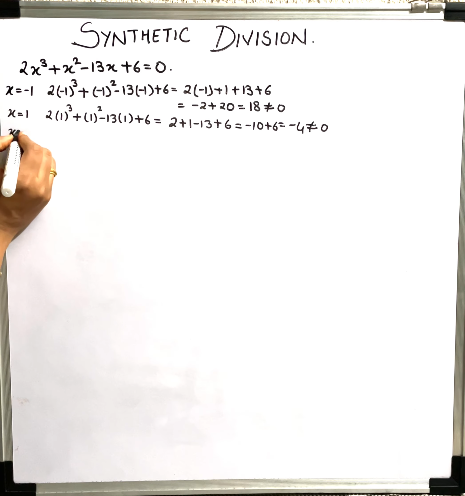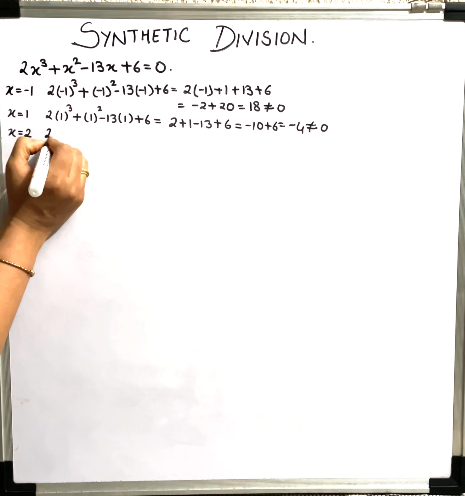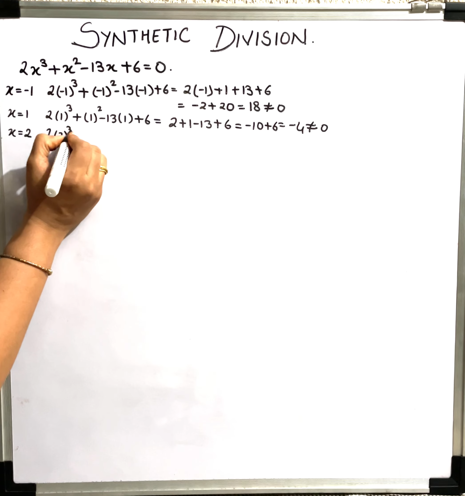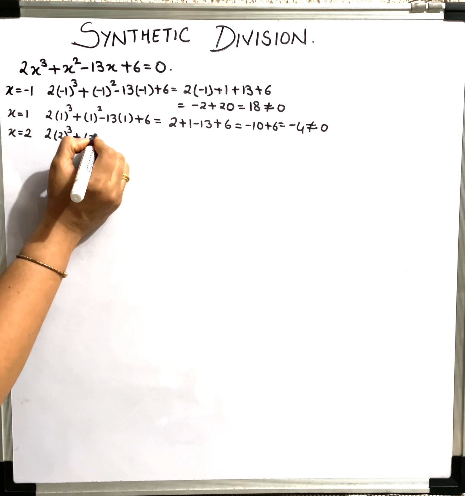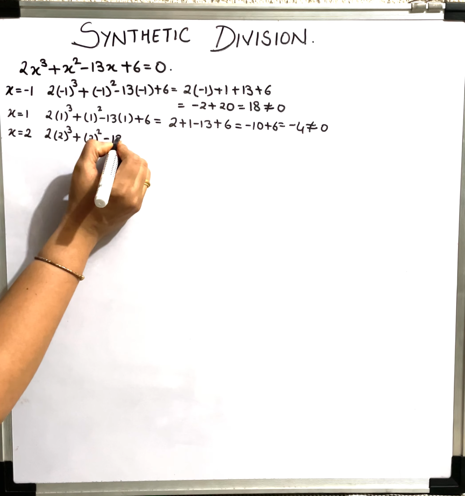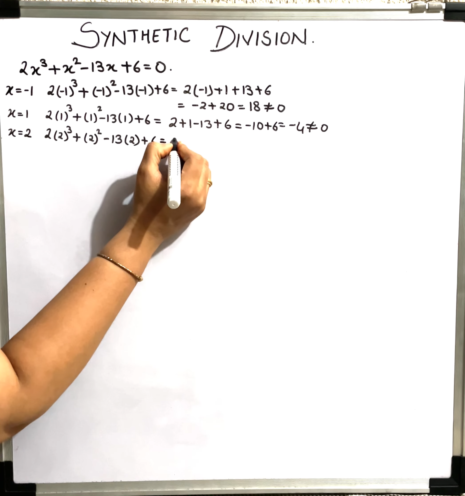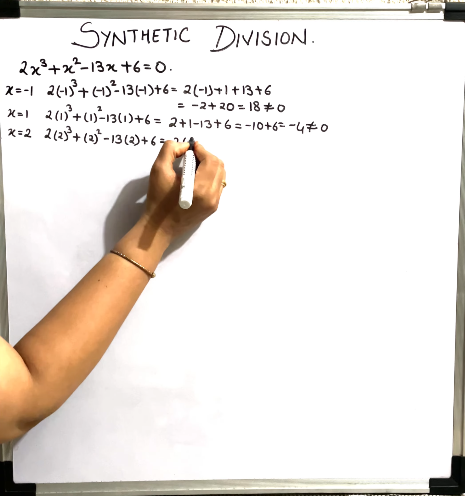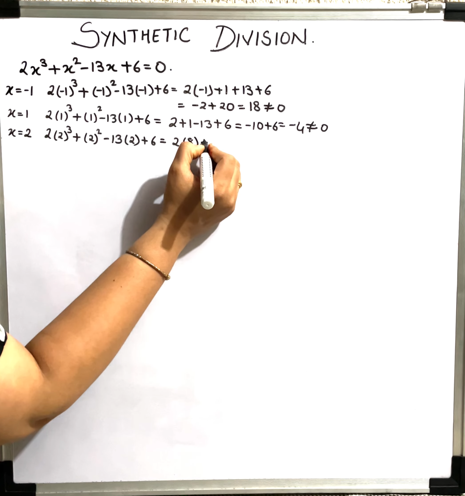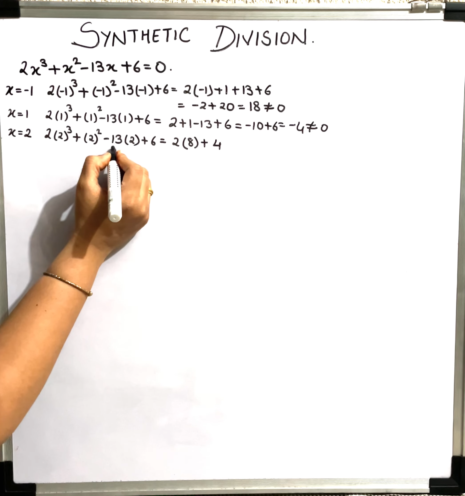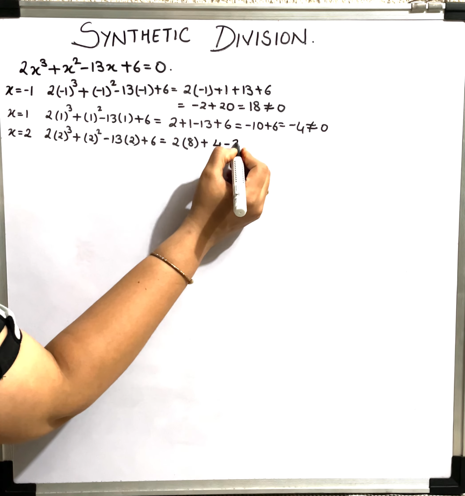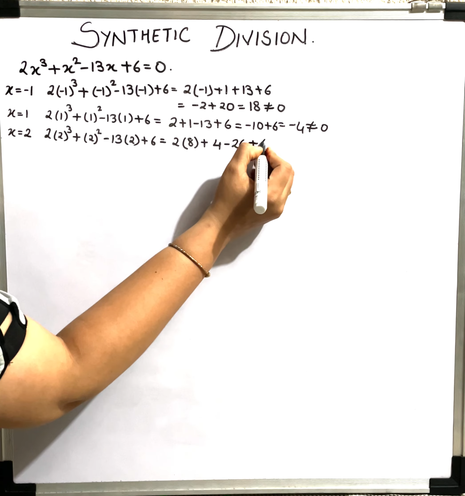Let's take it as 2. So 2 into 2 cube plus 2 square minus 13 into 2 plus 6. That is equal to 2 into 2 cube is 8, 2 square is 4, minus 13 into 2 gives me minus 26, and plus 6.